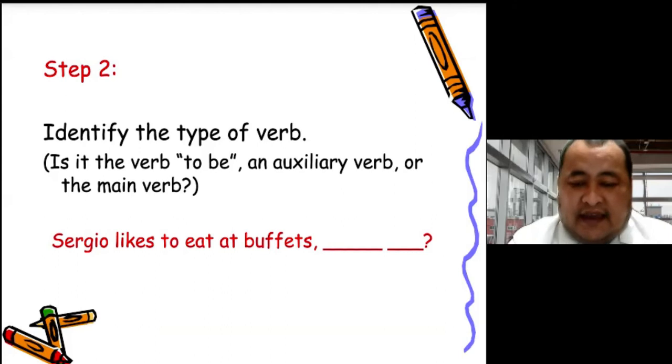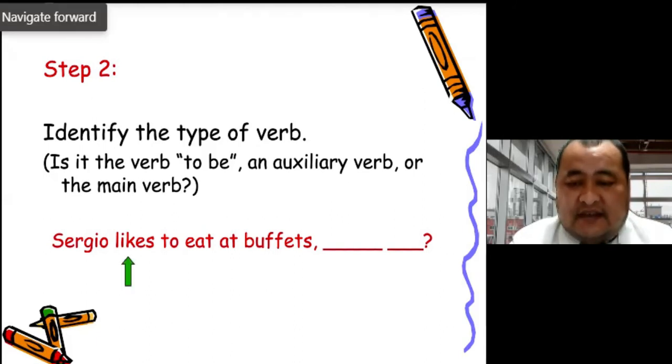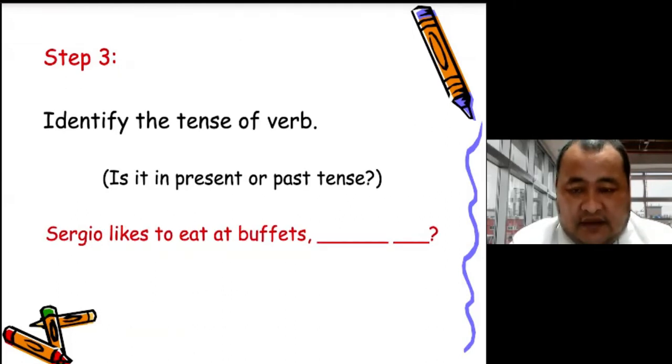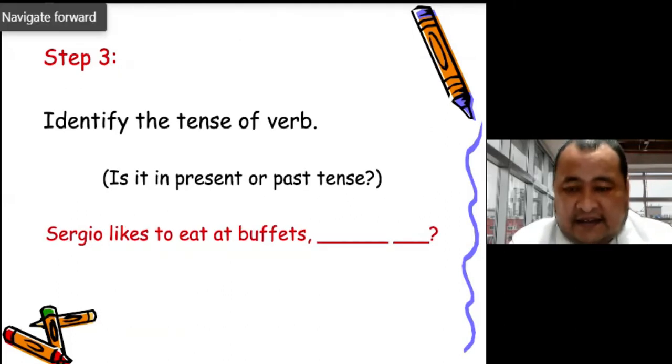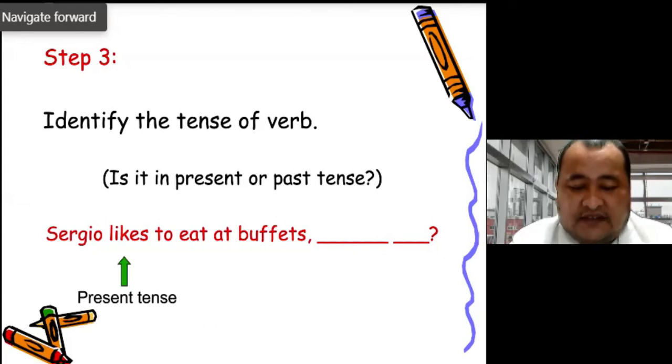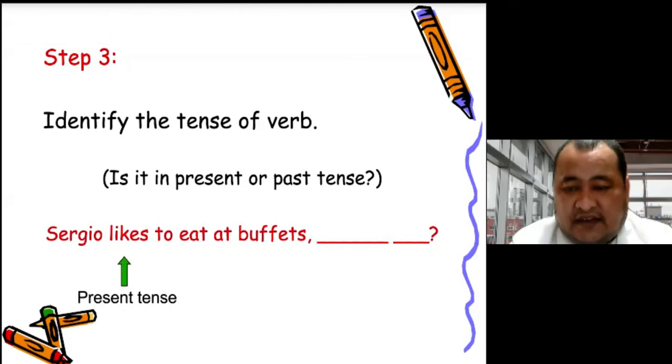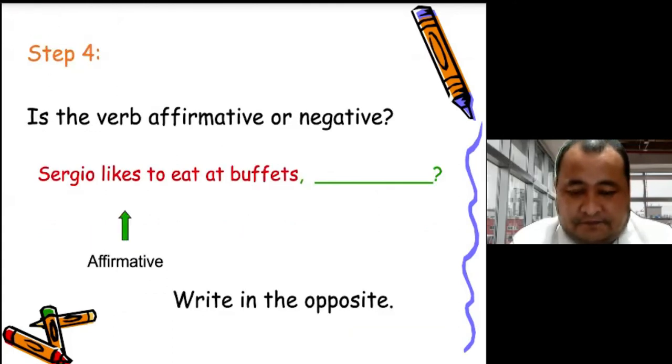Is it the verb to be, an auxiliary verb, or the main verb? We have seen that the verb there is a main verb, and we have identified the tense. Is the tense present or past or any other? It is in the present because like becomes likes and the subject is Sergio.